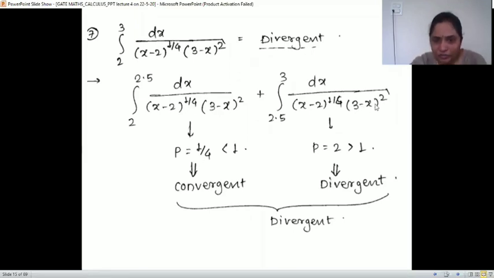And here the problem will be for 3. So we'll check this part only. In this part, the power is 2 and 2 is greater than 1. So it is divergent. As it is a combination of convergent and divergent, we can say divergent. If any one of the functions is divergent, the whole function is divergent. Okay, good.